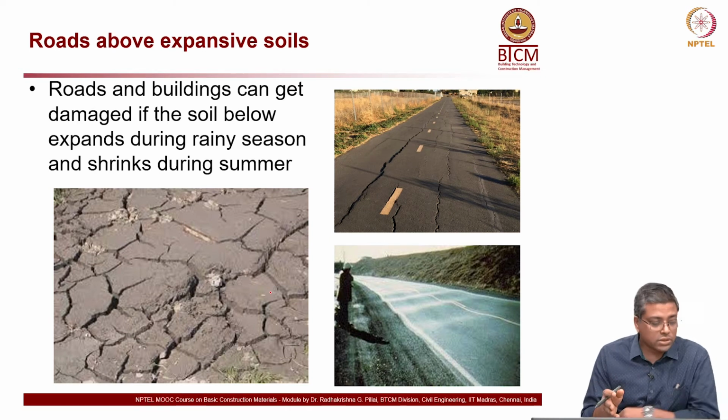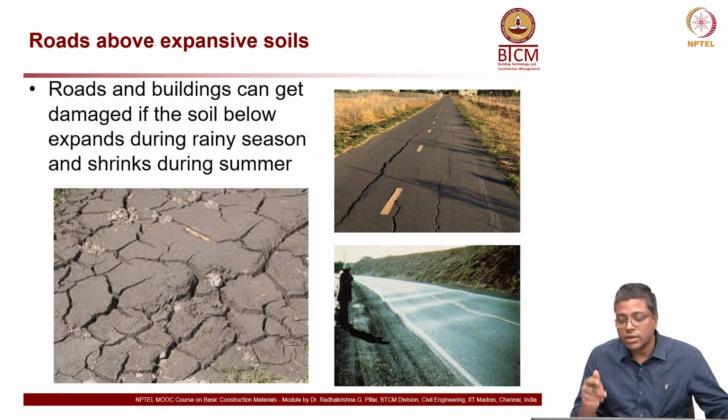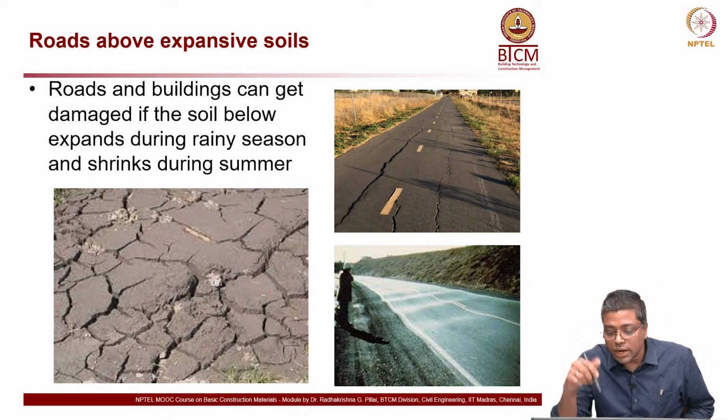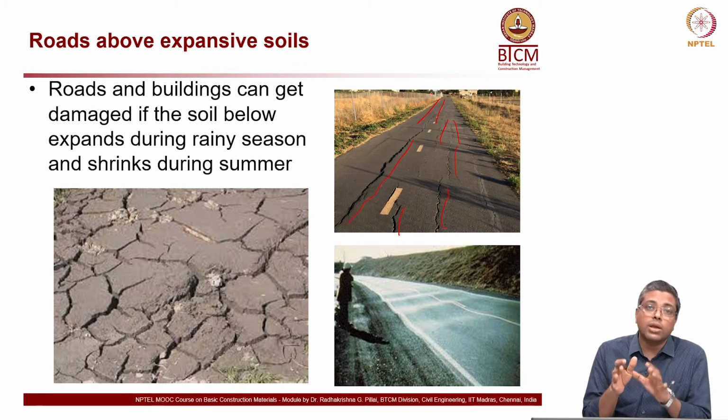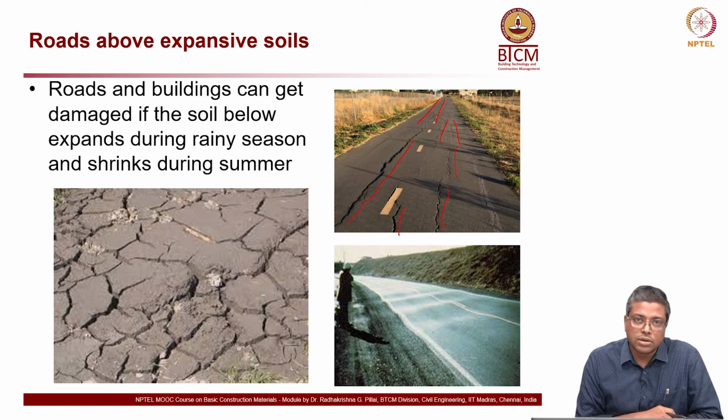Now, the effect of this on structures: on the road on the right side, you can see this kind of cracking forming, all these cracks. That is because the soil below is expanding and pushing out the asphalt material which you see on the surface.